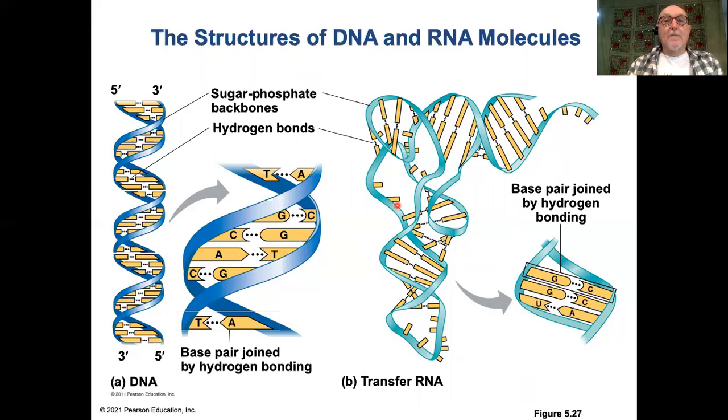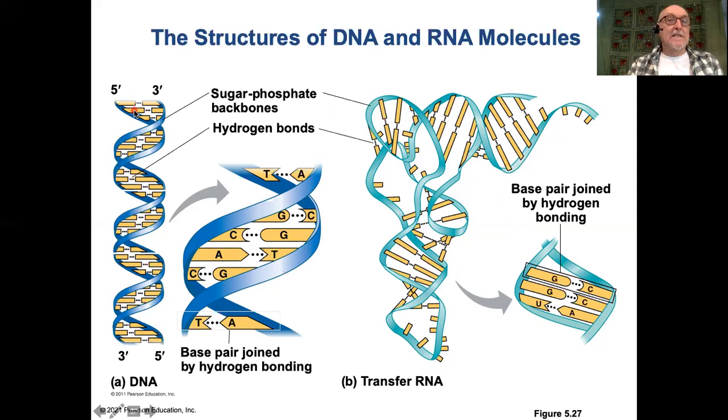But in actual fact, every sugar phosphate bond is at a slight angle in space. And this casts the backbones into helices. And when you put the 2 sides of the molecule together, you make a double helix.